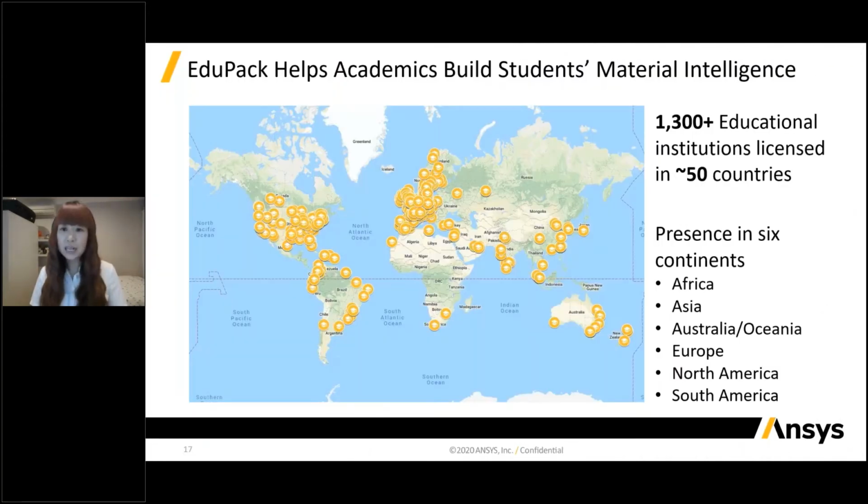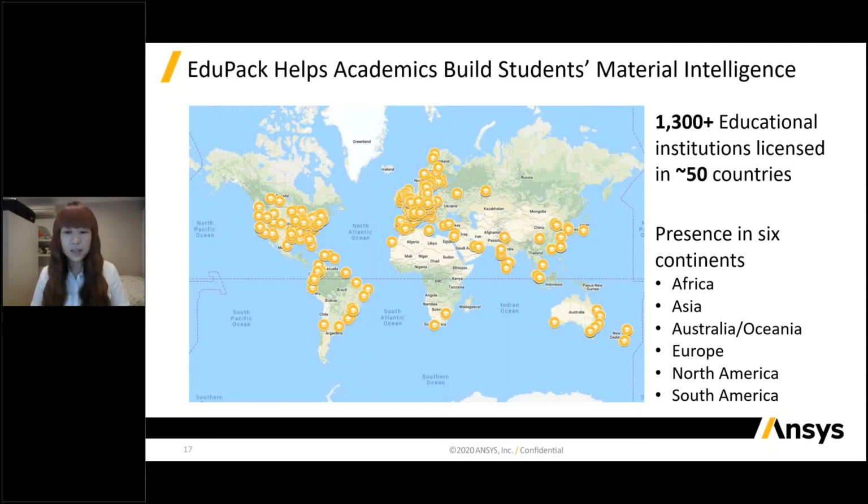ANSYS Granta envisions material intelligence integrated throughout education, R&D, and product lifecycle. Through Granta EduPack, we help educators build society's material intelligence and inspire the next generation of engineers, scientists, and designers in the subject vital to technological advances and sustainability. Currently, we have presence in different continents.